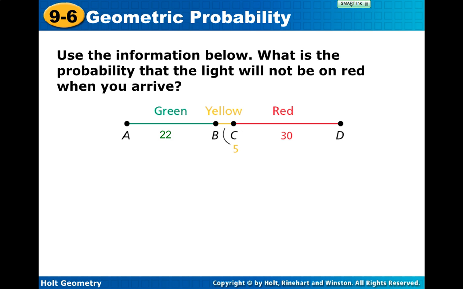What's the probability that the light will not be red? Not red.